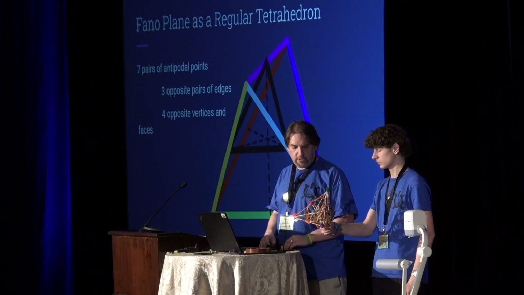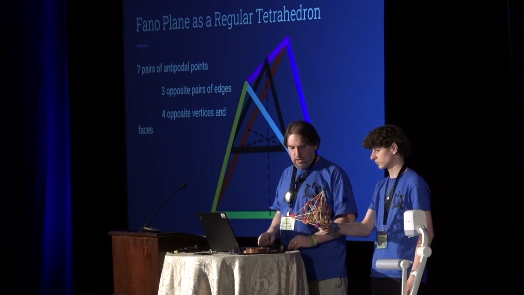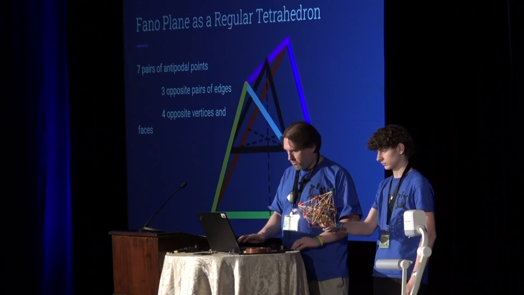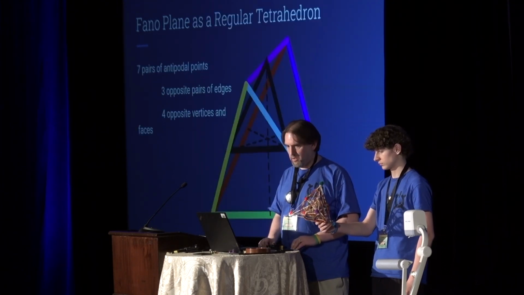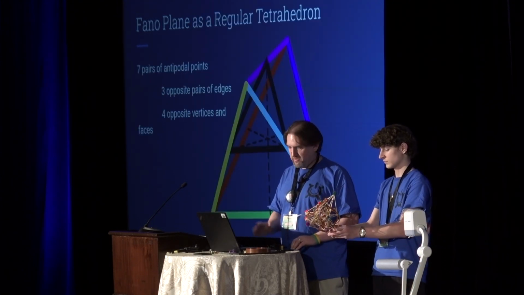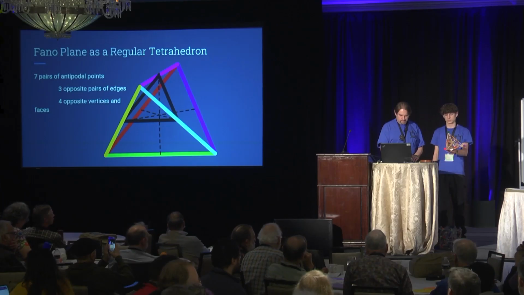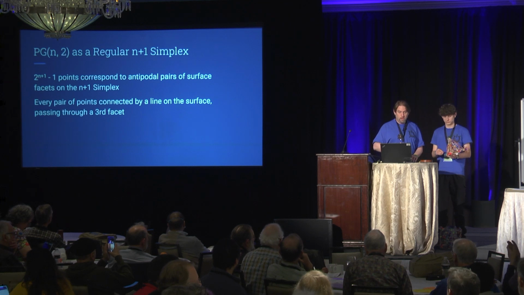This can actually be extended to higher dimensions, and in fact this is a model that Christian built that is the third dimension projective Fano tetrahedron. It does use the interior, so it's more of this model than this model. And this extends to higher dimensions.